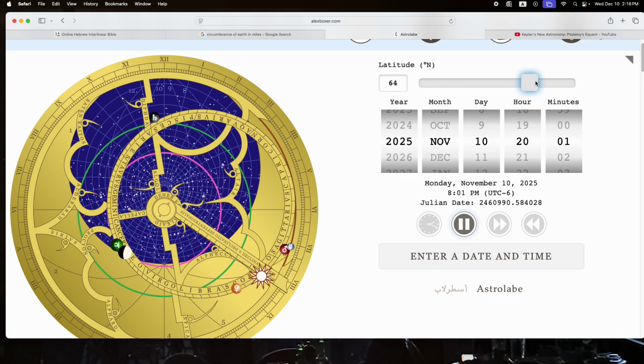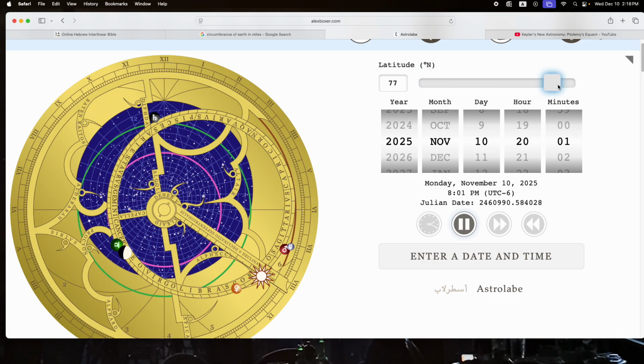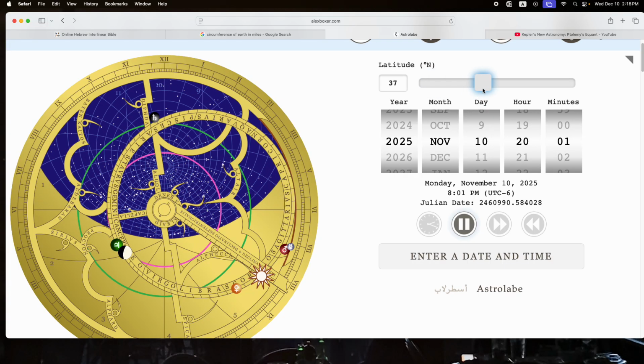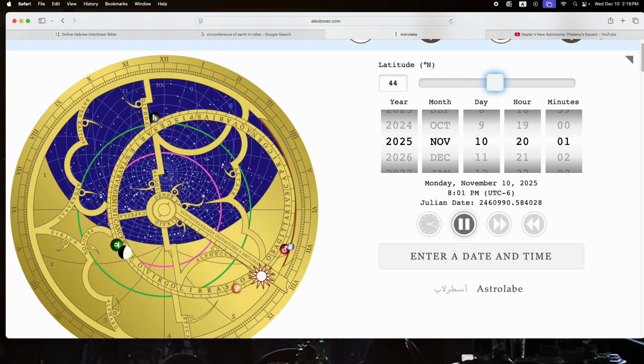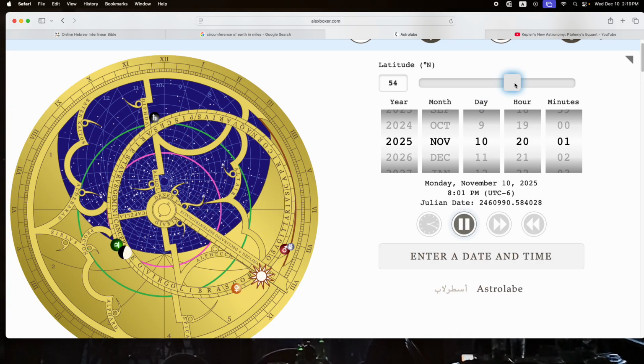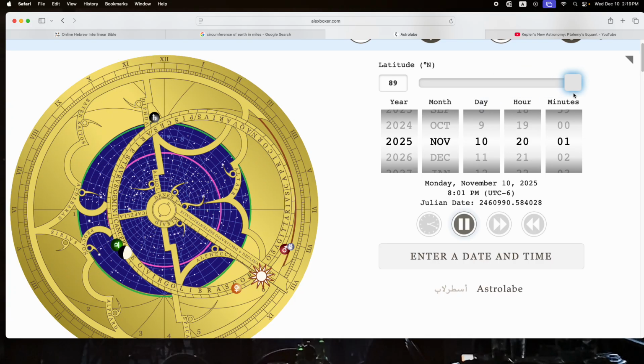You can see how all of the positions of the stars remain fixed, and you've got these pointers pointing to specific stars, but you've got this sort of lattice in the drum here that's going to help break up the sky depending on your latitude to help give you reference marks.